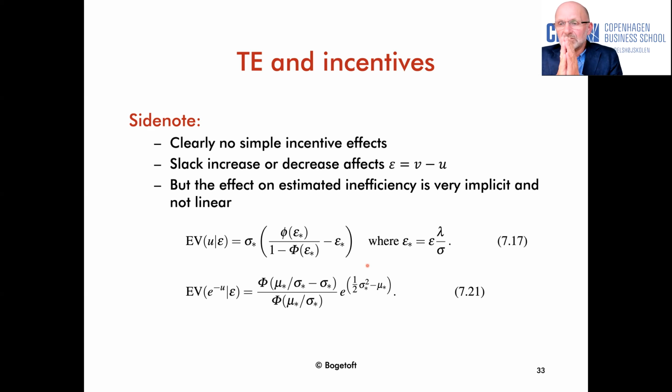When we come to the presentation on incentives and contracting and DEA and SFA, I'm going to show you some of that, because it has the implication that for some levels of performance, if you're having really low slack, low inefficiency, you have absolutely no incentive, or very, very little incentive, to try to reduce your slack further.